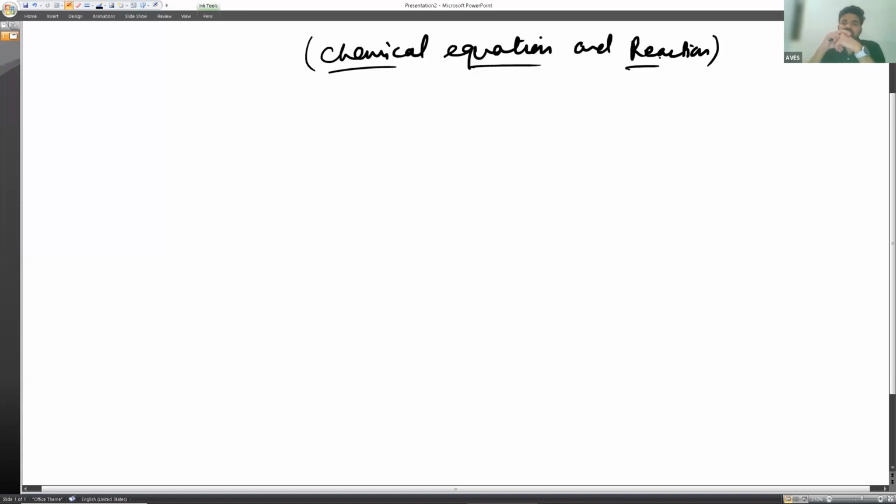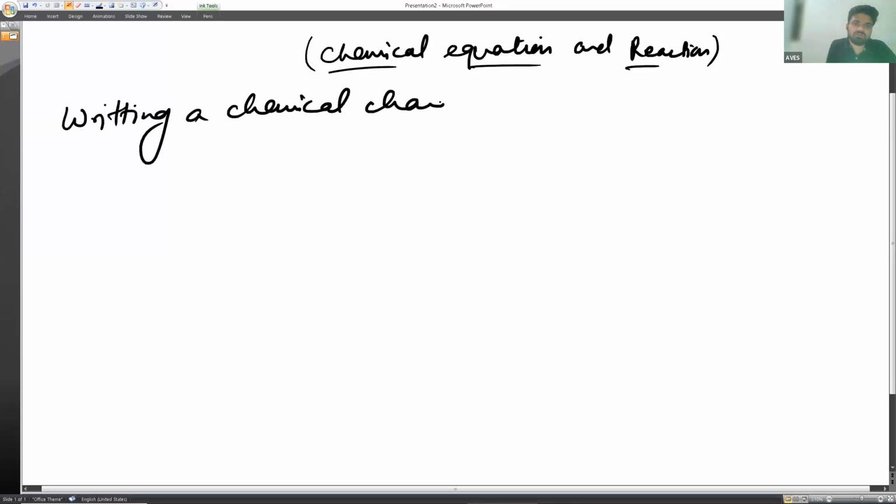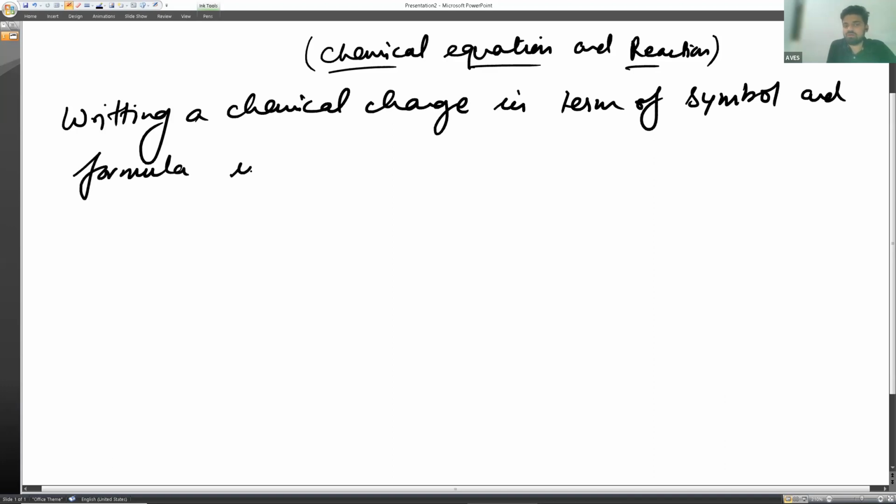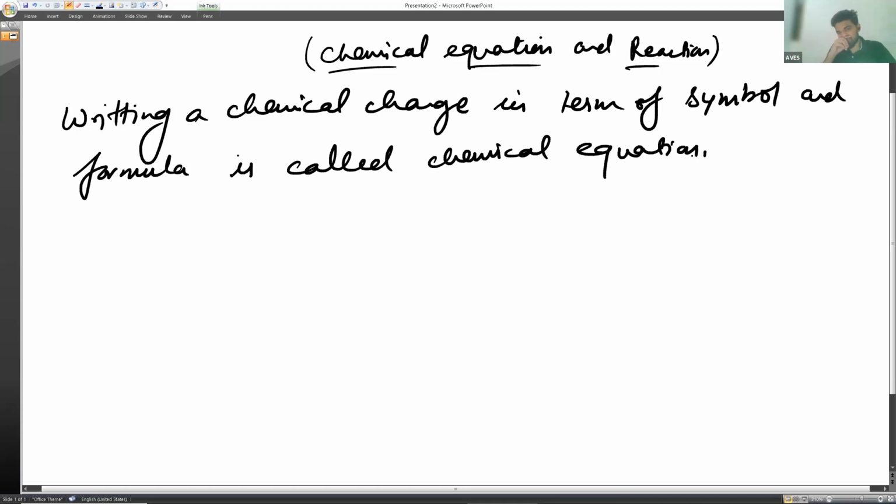So writing a chemical change in terms of symbols and formula is called a chemical equation.